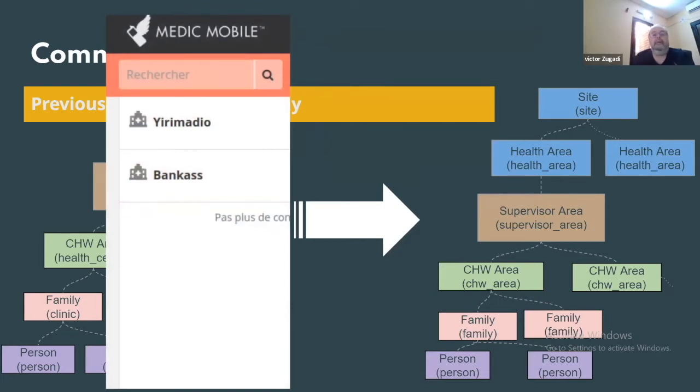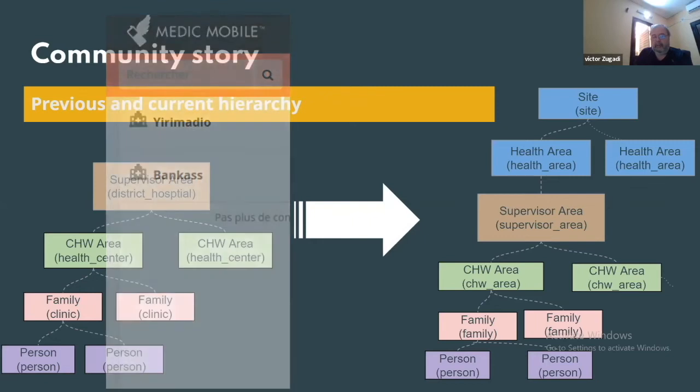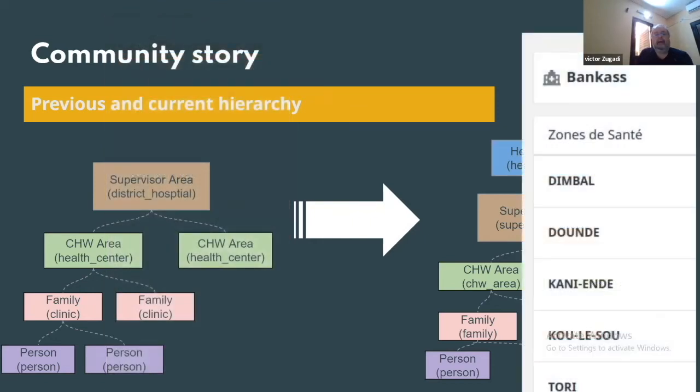Yes, here we can see in the new hierarchy both sites, Koro and Bankass. If Anthony can click again, another image will appear, and here we can see on the Bankass side the different health areas. A health area for us is the area covered by a health center.